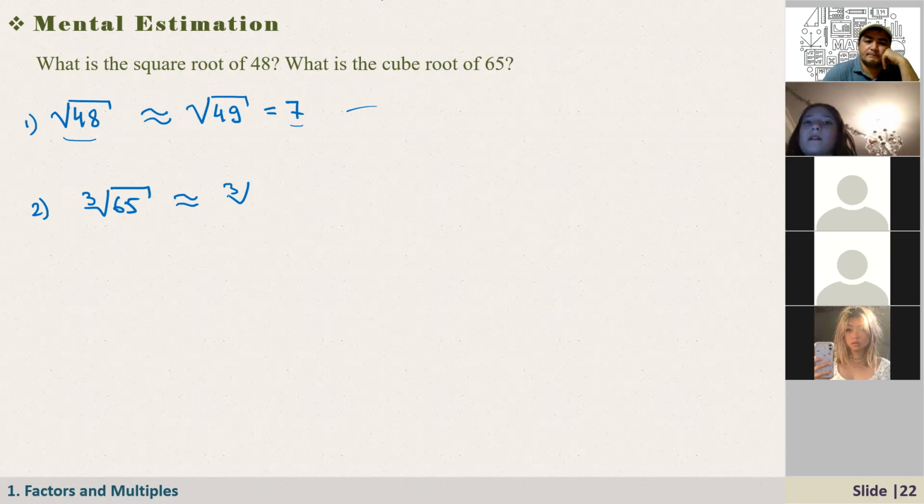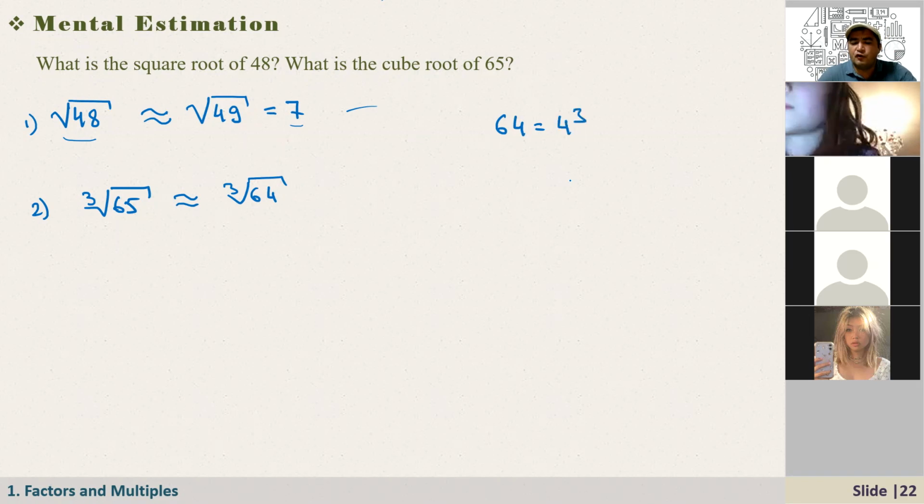I think, can I answer? 64, right? Yeah, 64. Yes, exactly. Because we just read that 64 is a cube number, right? That is 4 cubed. So actually we know that cube root of 64 is equal to 4. So now we just estimated 65 by 64. So cube root of 65 is approximately equal to 4.